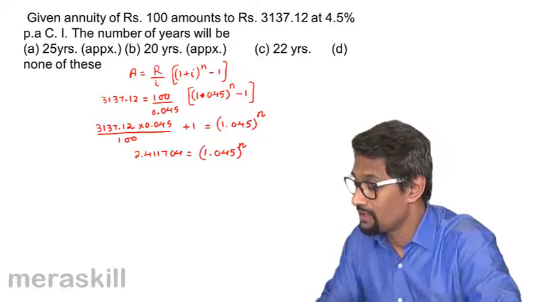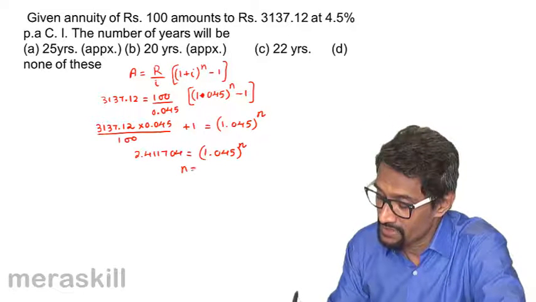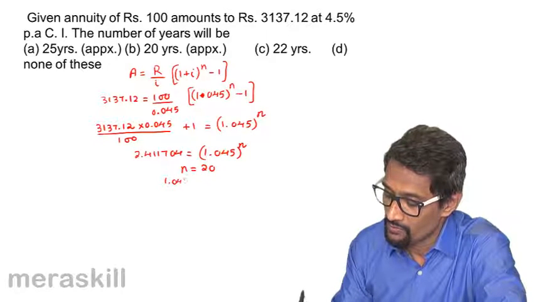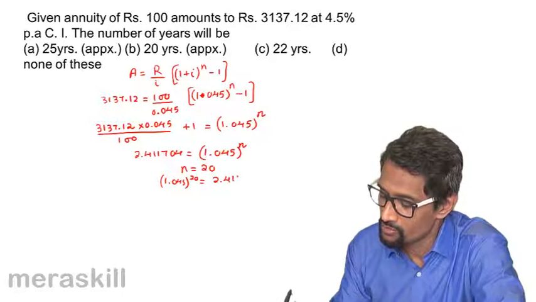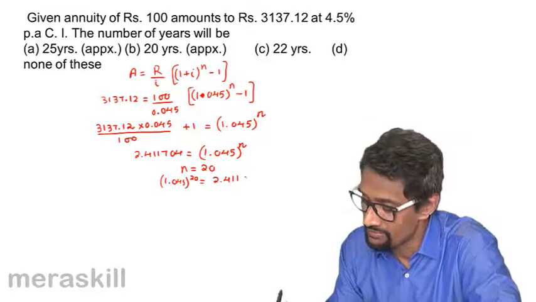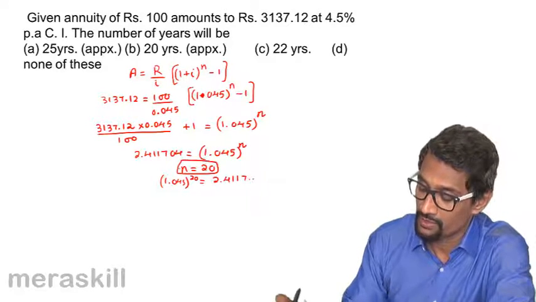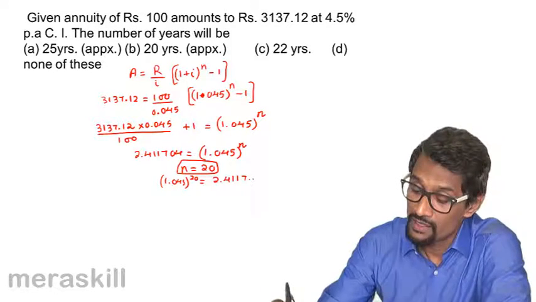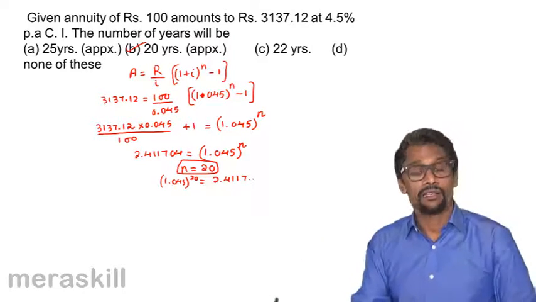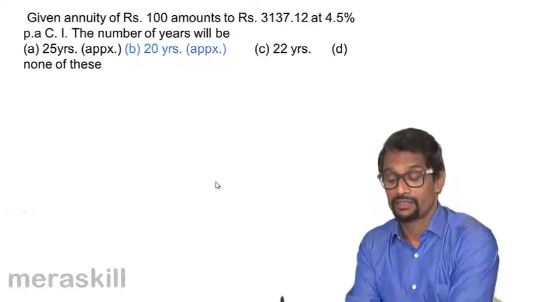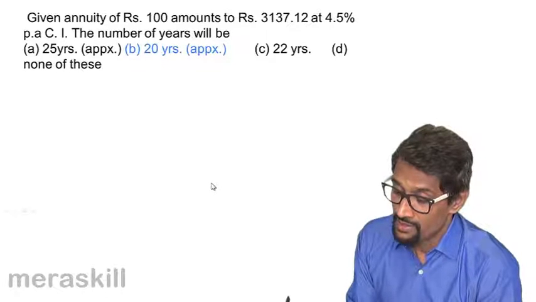So when N is 20, 1.045 raised to 20 turns out to be approximately 2.4117 odd. So obviously N is going to be 20. So the number of years is approximately 20. Right, so we get it as 20 years. And yes, we do have it there.